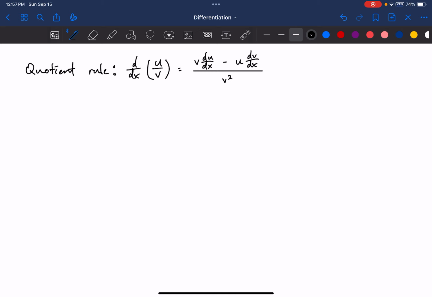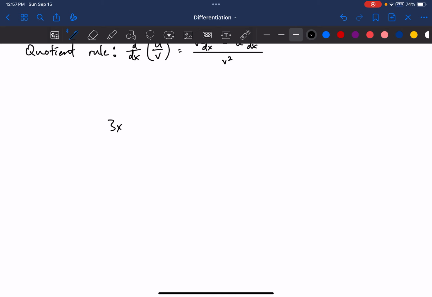And so let's say if you see something like, I have to make sure that you can factorize this, 3x plus 2 over x, okay, something like this, right?